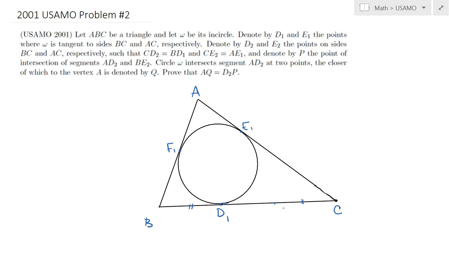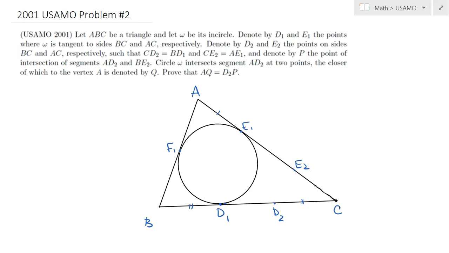So this distance is equal to that one, so this is CD2, and furthermore CE2 is equal to AE1, so AE1 is this guy, and so probably this guy here, or maybe a bit more to this side, and that point is E2.